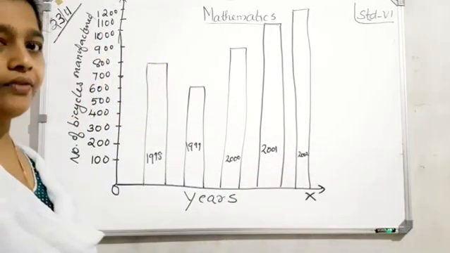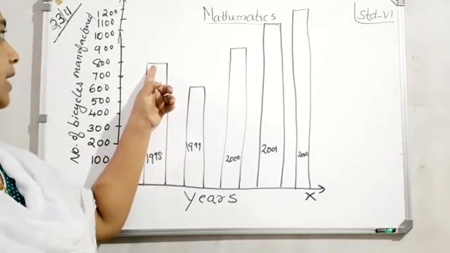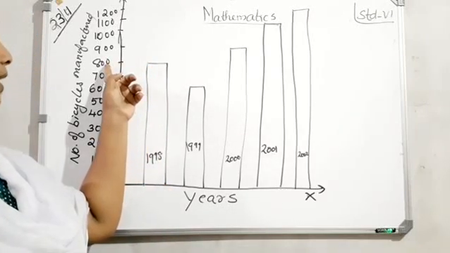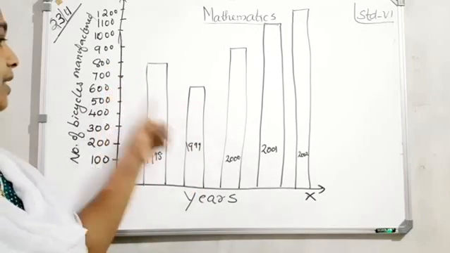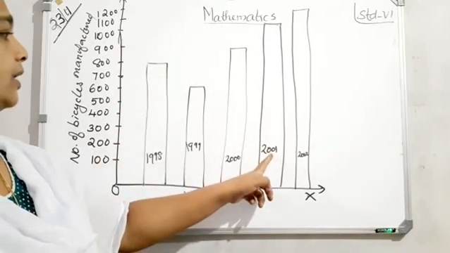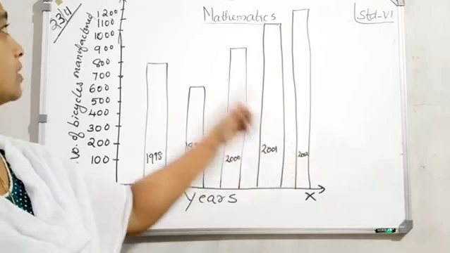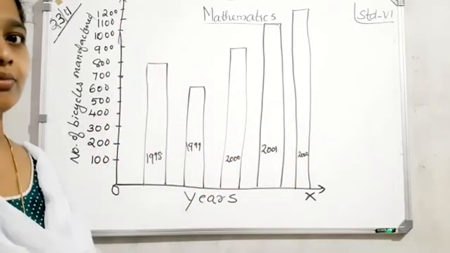So from the graph we can understand: in 1998, 800 bicycles were manufactured by that company. 1999, 600. In 2000, 900 bicycles. In 2001, 1100, and in 2002, 1200 bicycles.